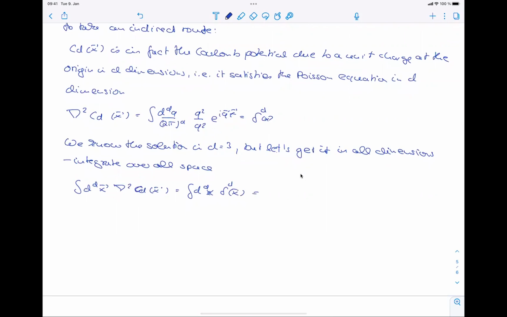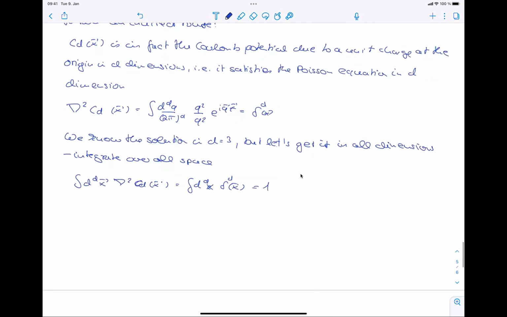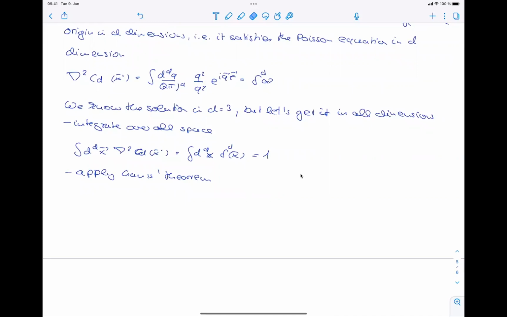We know that this integral on the right hand side should be 1. And on the left hand side, we apply Gauss's theorem to show that it is just a surface integral over the divergence of the potential.